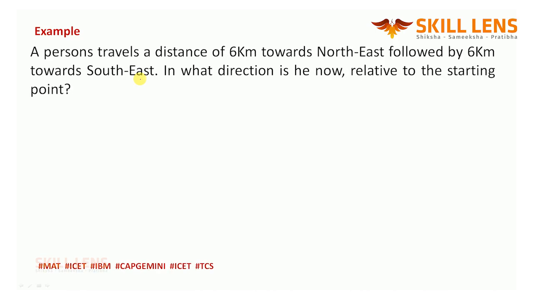Let's try to understand one more question. A person travels a distance of 6 kilometers towards northeast. Everybody knows this is northeast. So 6 kilometers, followed by 6 kilometers southeast. Guys, this is very, very important.